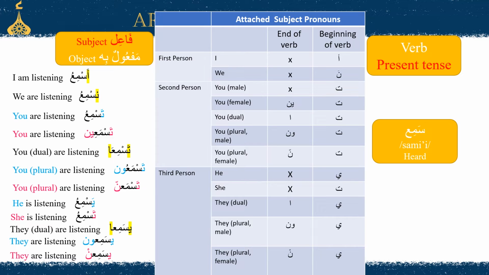The only difference is the beginning of the word. When we're talking to someone face to face, we use ta, tasma'un. And if we're talking about someone in the third person, the first letter becomes ya, yasmi'un. And it's the same thing if you look for the you plural female and the they plural female. So that's an easy way to differentiate between, are we talking to someone, or are we talking about someone who's not here?